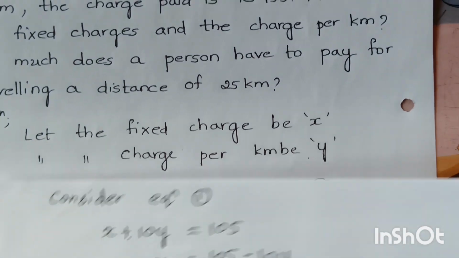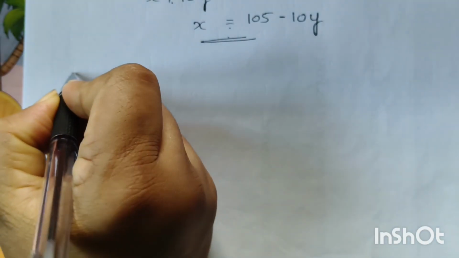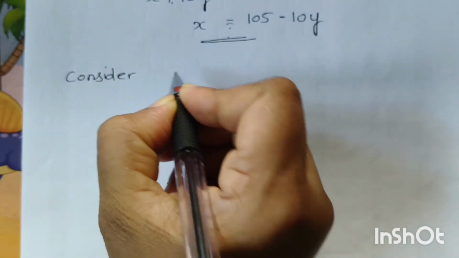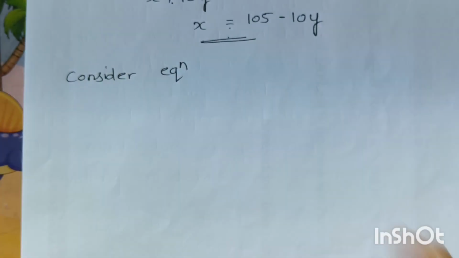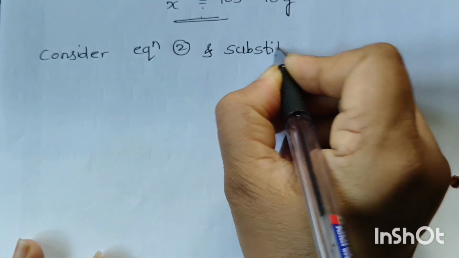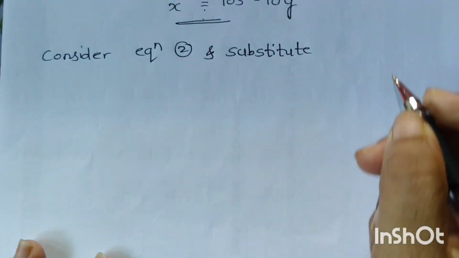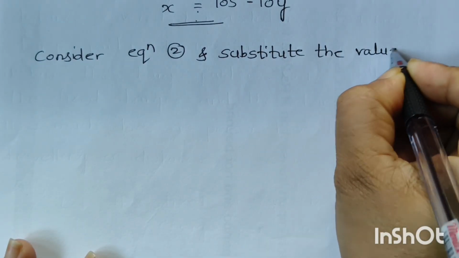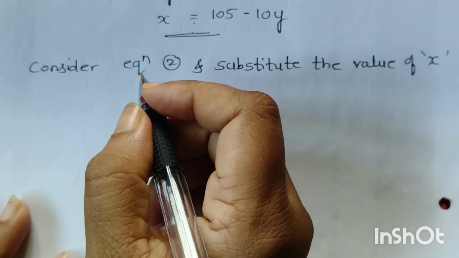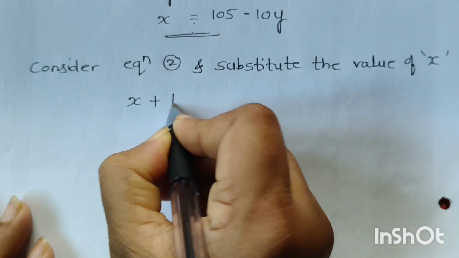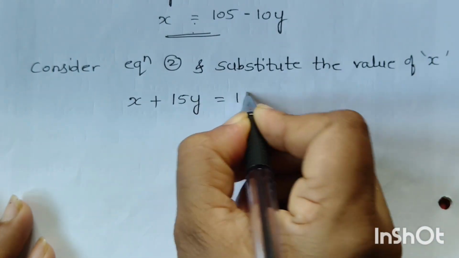So consider equation 2 and substitute the value of x. Equation 2 is x plus 15y is equal to 155.